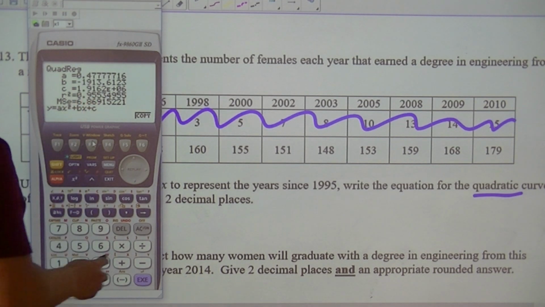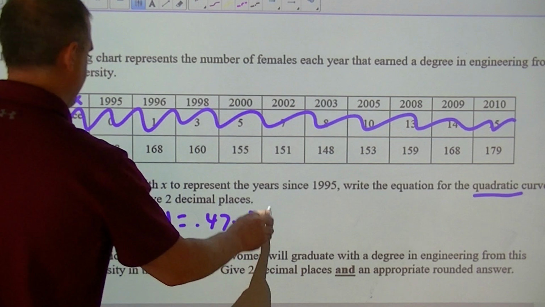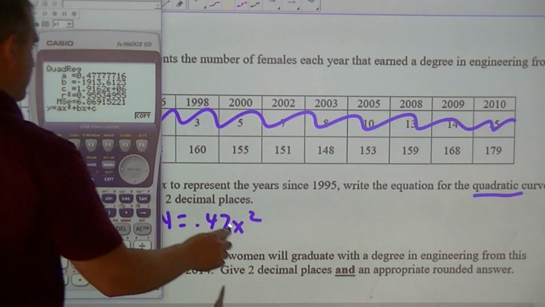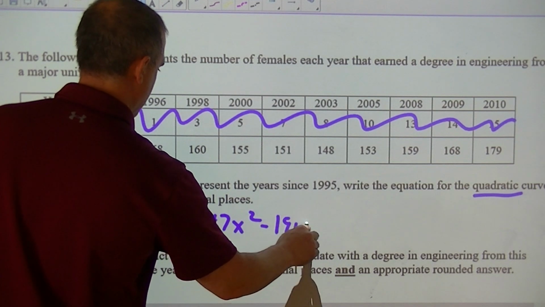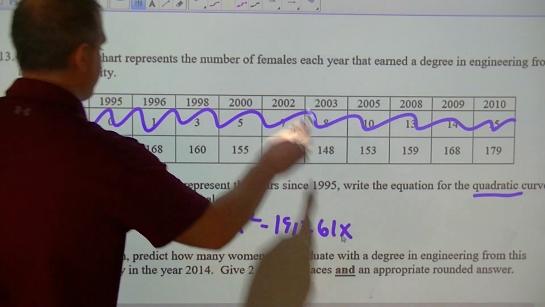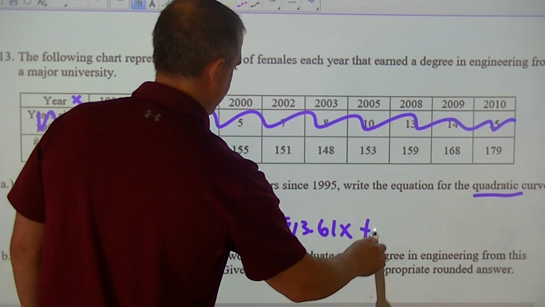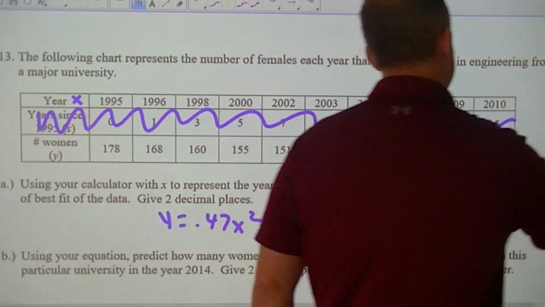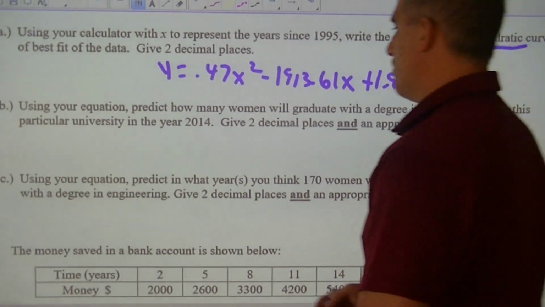Okay, I've got y equals 0.47x squared minus 1913.61x plus 1.19. Okay. All right. So now I'm going to go years.